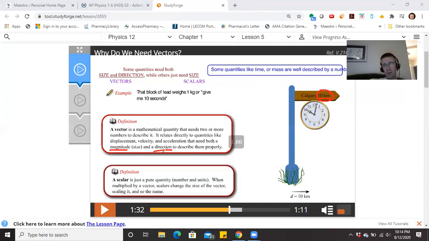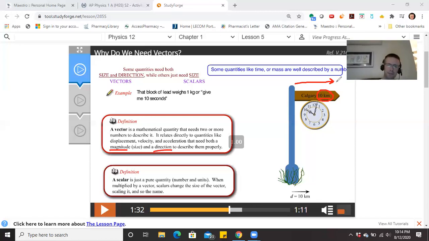Now the direction comes because this sign is pointing somewhere. It has directionality to it, okay? So by simply having those two characteristics of magnitude and direction, we can classify this measurement as a vector quantity, okay? That's all vectors need, magnitude and direction, okay?